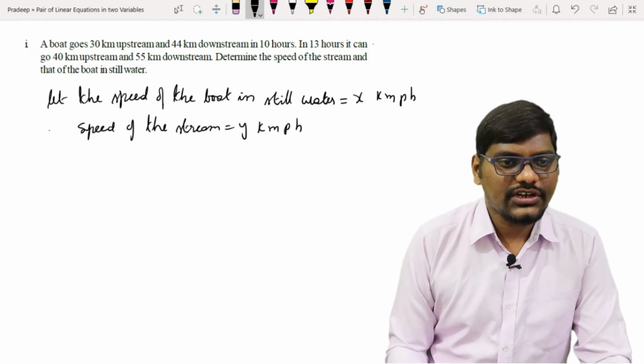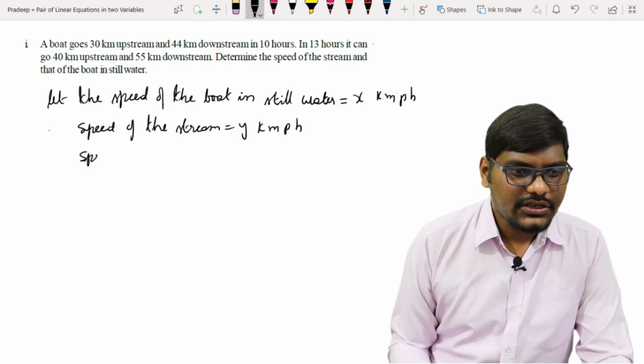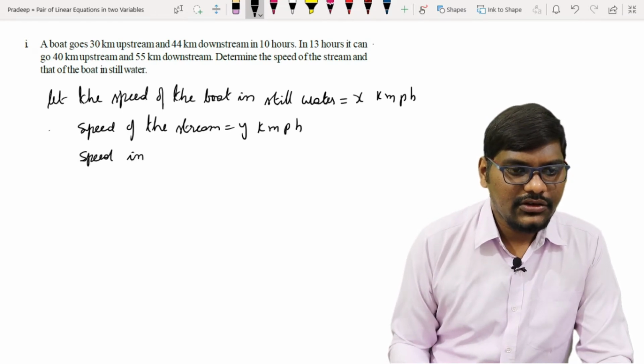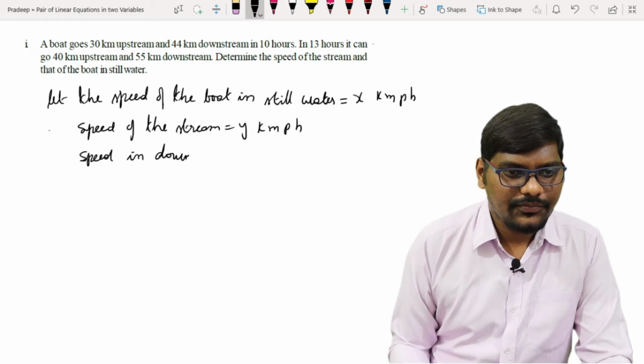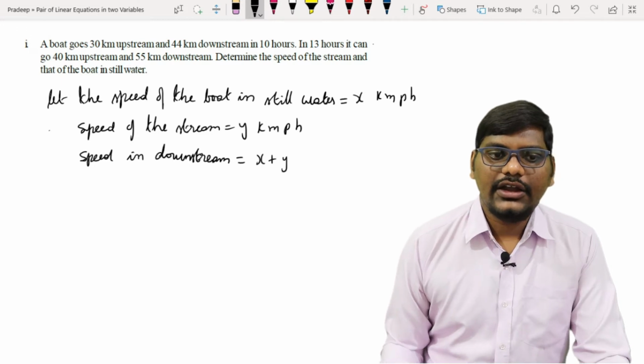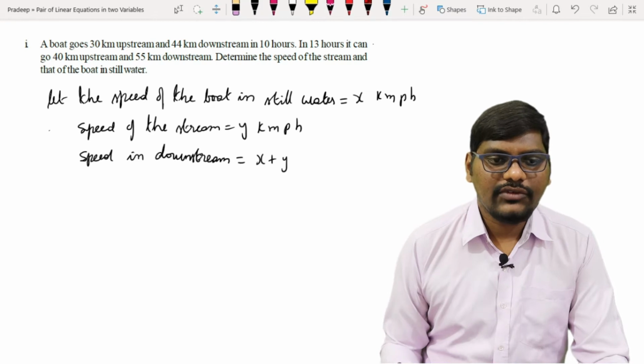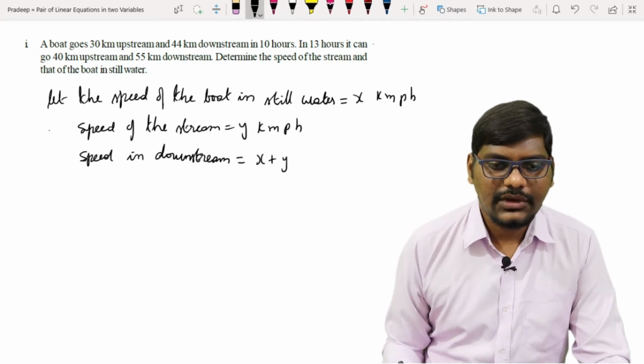Here are the two streams, upstream and downstream, that we'll also take. Speed in downstream is always x plus y, the addition of the still water and the stream speeds. So I can write x plus y kilometer per hour.